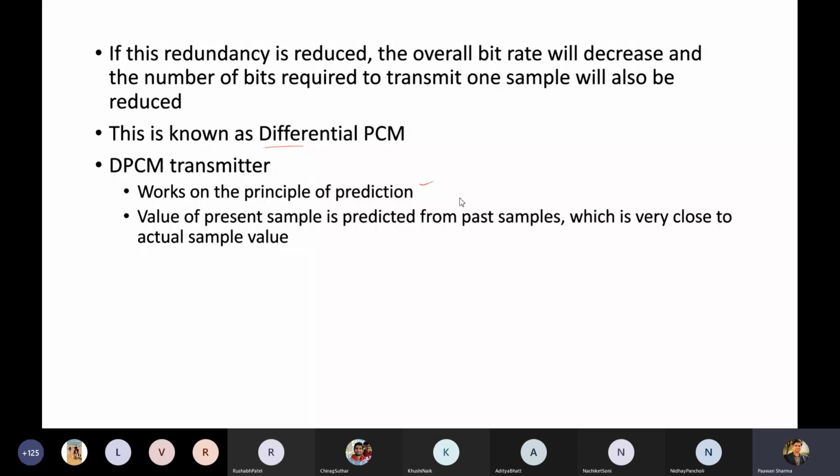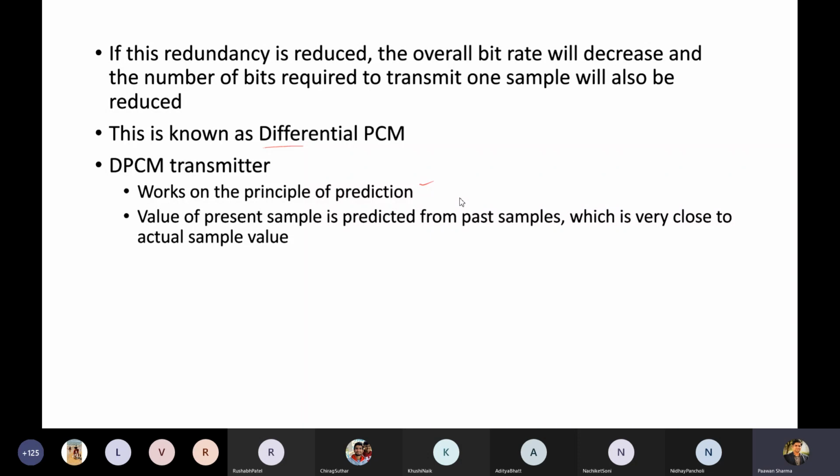How? The value of the present sample is predicted from the past samples. So you have something we call a prediction filter system. Now this prediction has to be very good, very close to your actual sample value.